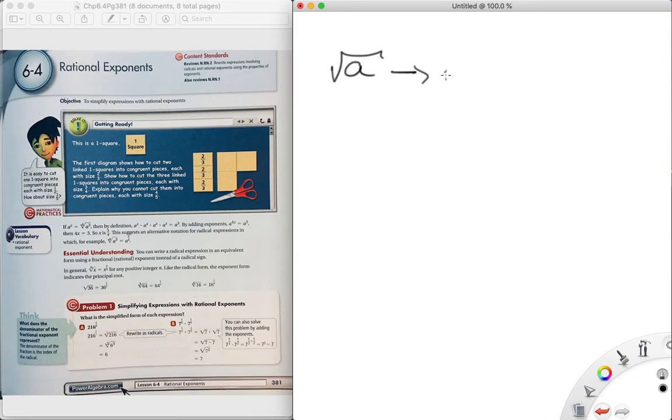And instead of calling it a square root of a, I can call it a to the 1/2.